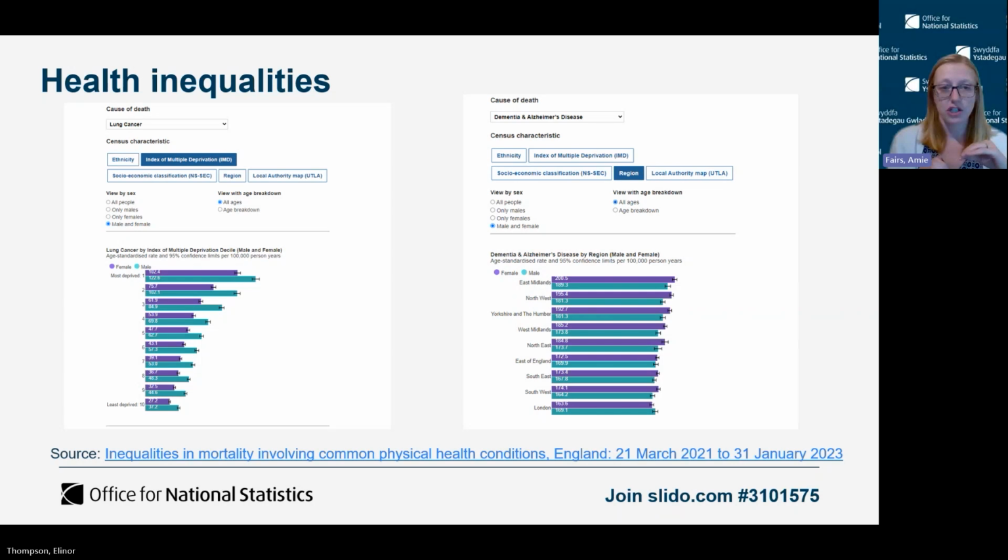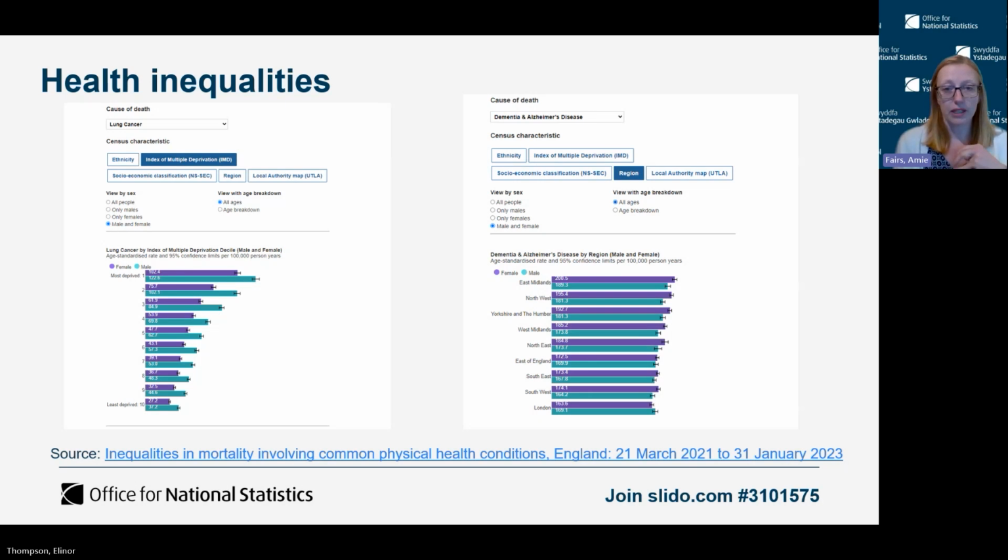I have selected this to show you by an index of multiple deprivation, with on that figure, the most deprived areas being at the top and the least deprived at the bottom. And the purple bars are for females, and that blue-green color is for males. And so what you can see here is that mortality rates are highest in the most deprived areas and lowest in the least deprived areas. But for females, they are always lower than for males.